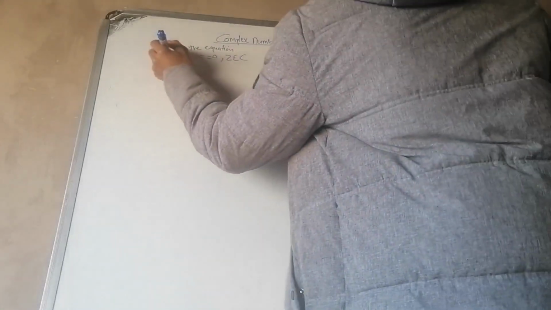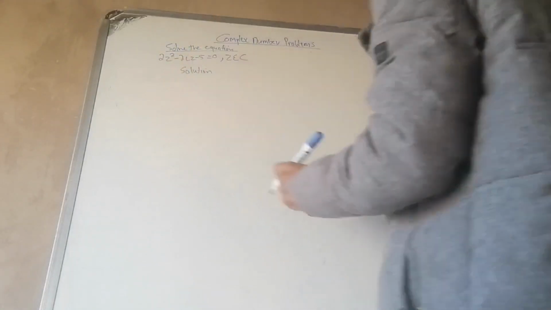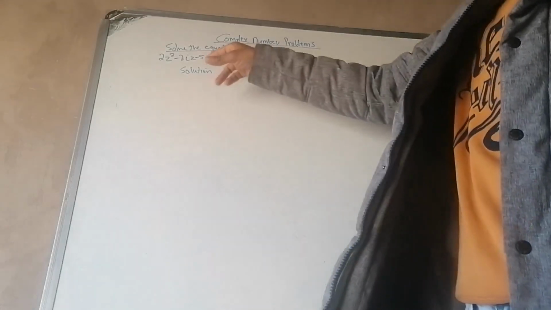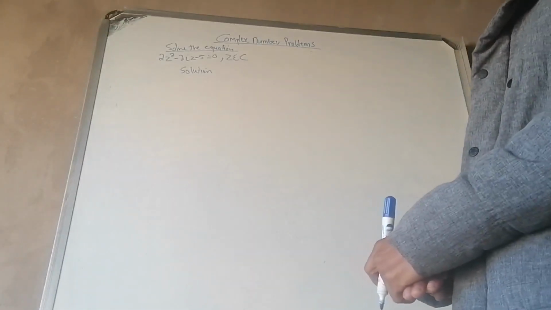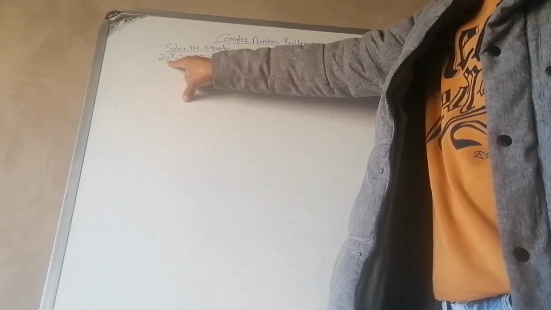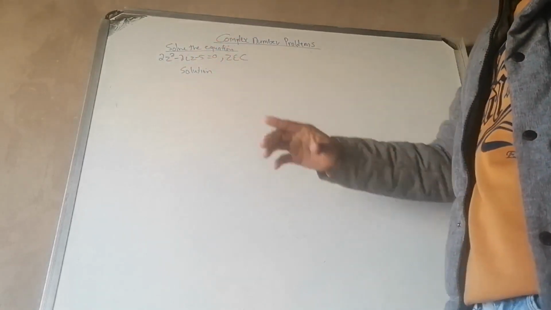Now, how do we solve this? Let us try to look at this. Solution. 2z squared minus 2iz minus 5 equals 0, where z is an element of a complex number. By looking just into this, the highest exponent of z is 2, here it's 1, and here we have a constant.